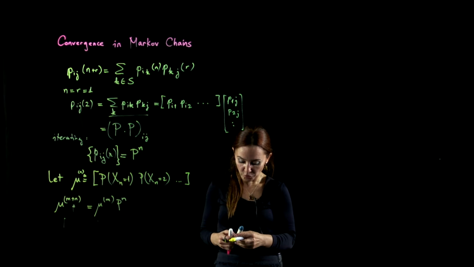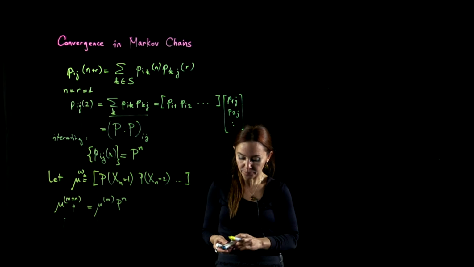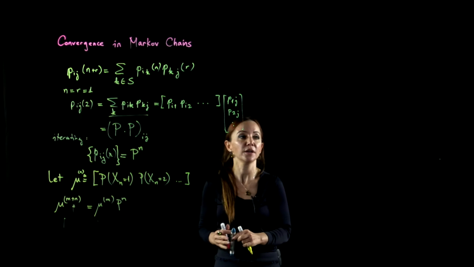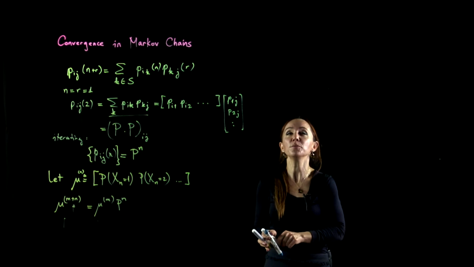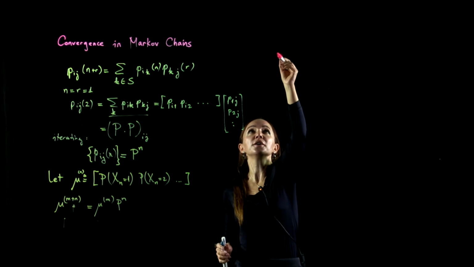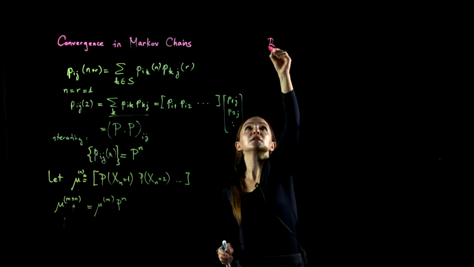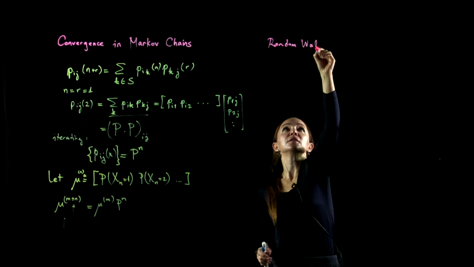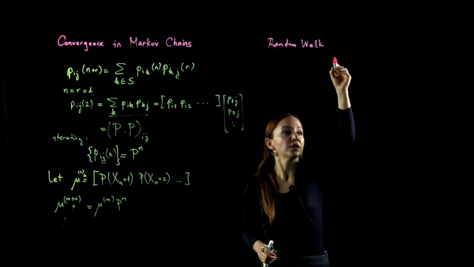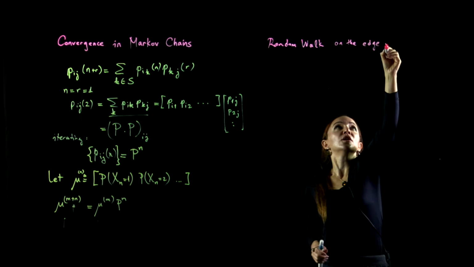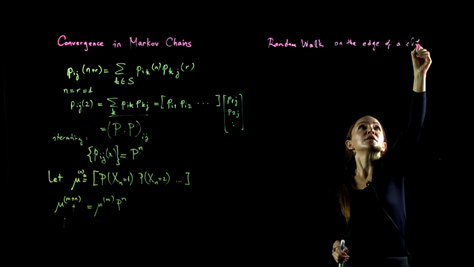So let's explore this. Perhaps we can explore this on an example. Let our example be this sort of dire example of a random walk next to a cliff. Random walk on the edge of a cliff.